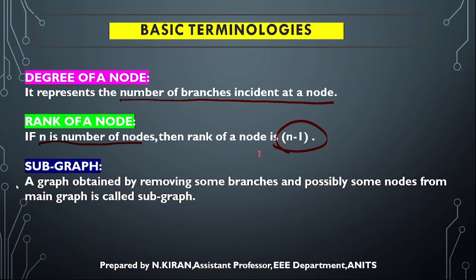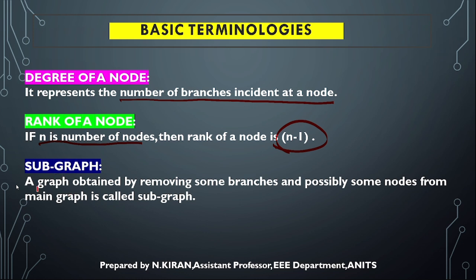So subgraph. We know what a subgraph is, isn't it? In maths we would have studied about subset. The subgraph is similar. When I have a graph and I remove some branches from that graph, that will give a subset of the original graph.